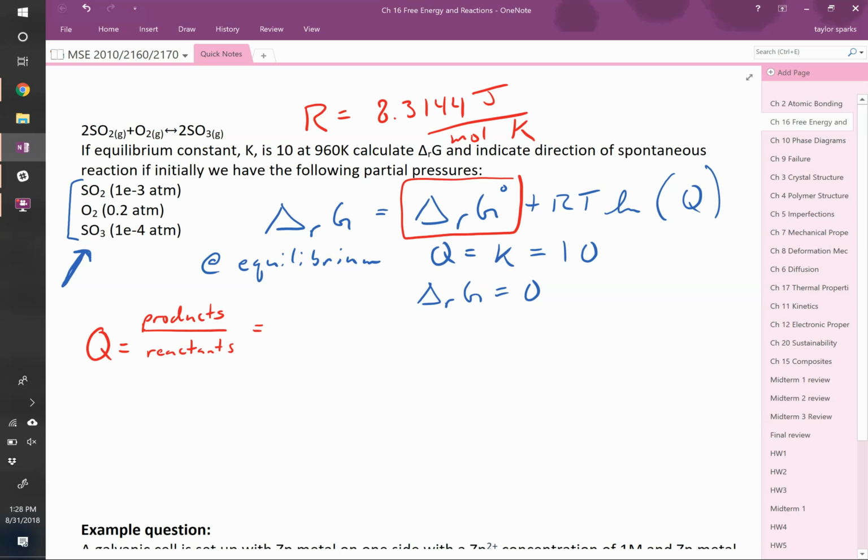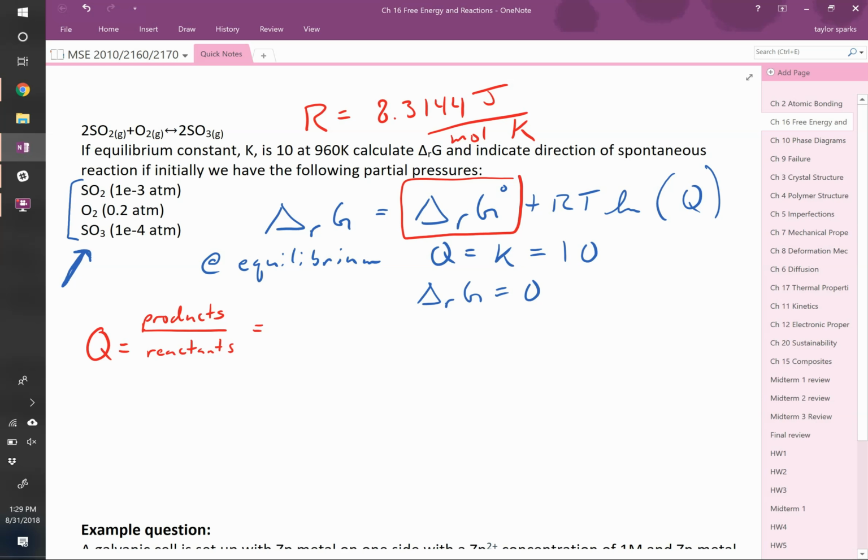So what you do know is at equilibrium, this left-hand side of the equation, delta Rg, is equal to 0. Let's actually rewrite your expression. So this is actually going to be delta Rg naught plus RT natural log Q. We have to solve for this Q. If you actually plug in the values for Q, it's not 10.